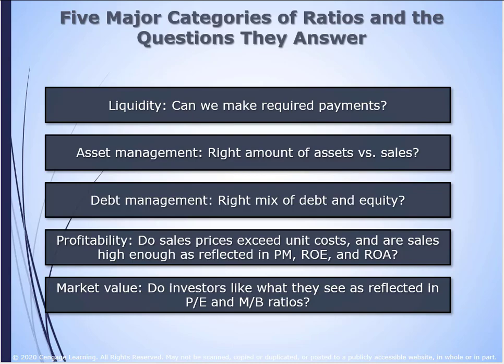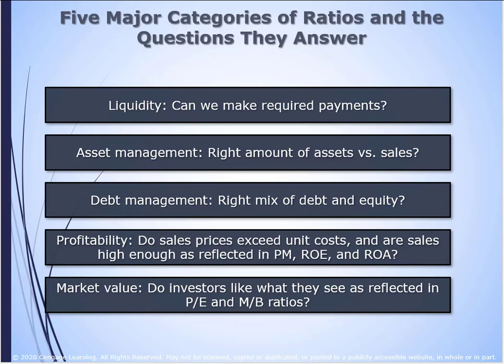Debt management: what is the right combination of debt and equity for the company? We need to know how much debt we have. Then we can decide whether we want more or less. But we also need to understand the amount of debt that we have. Are we able to control and handle that level of debt?